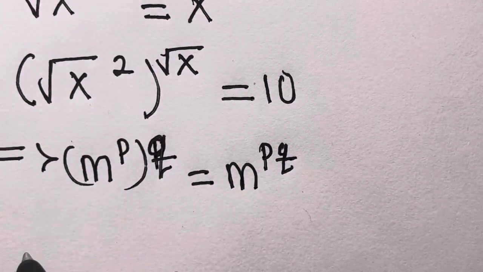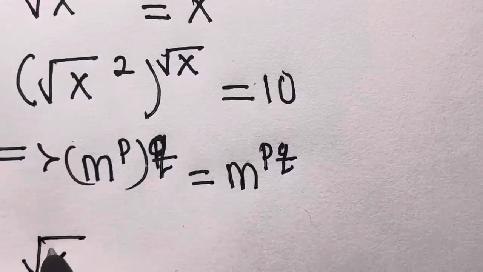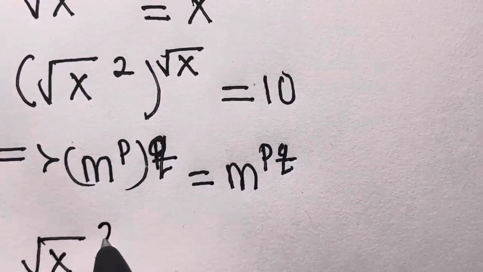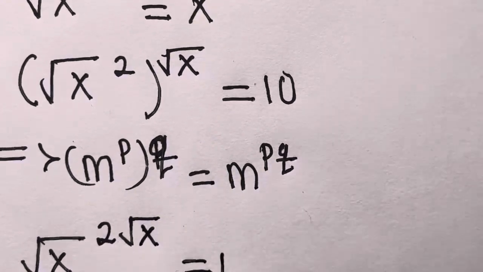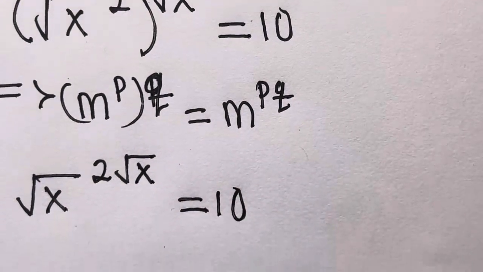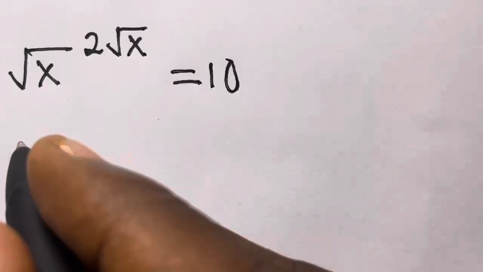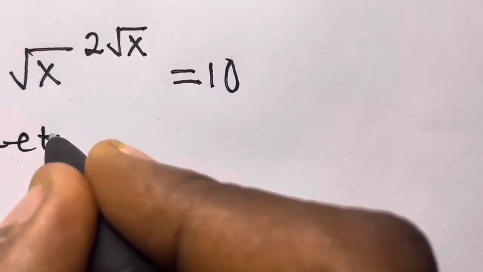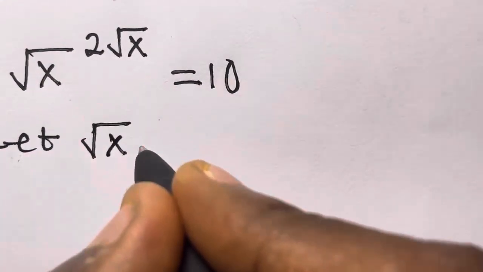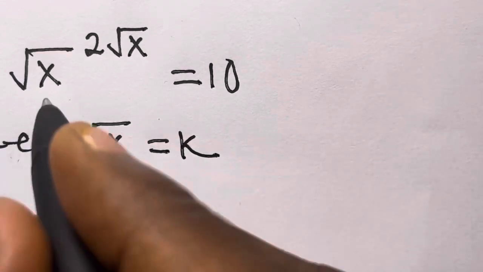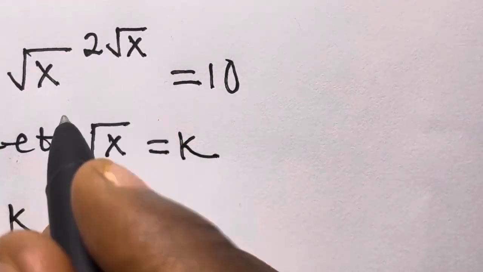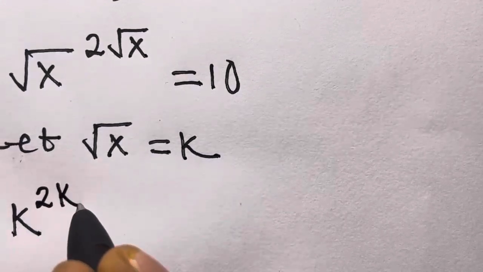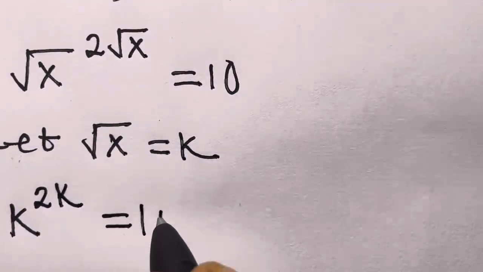So we have square root of x raised to power 2 square root of x equals 10. Here let square root of x equal k. So we have k raised to power 2k equals 10.